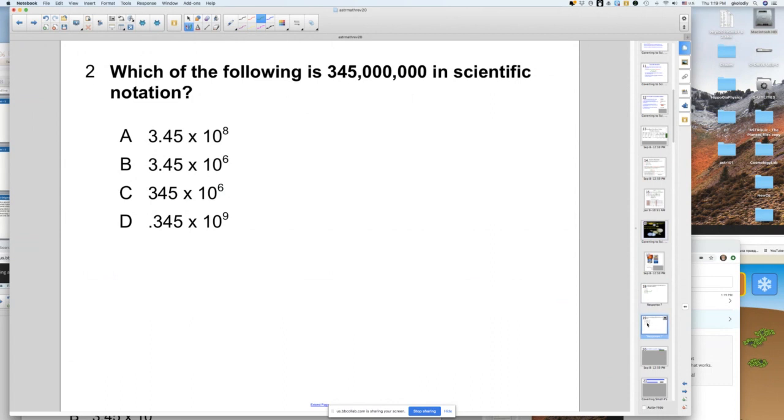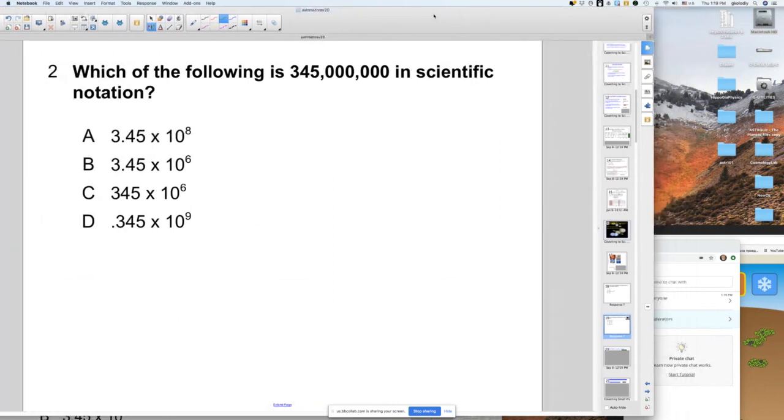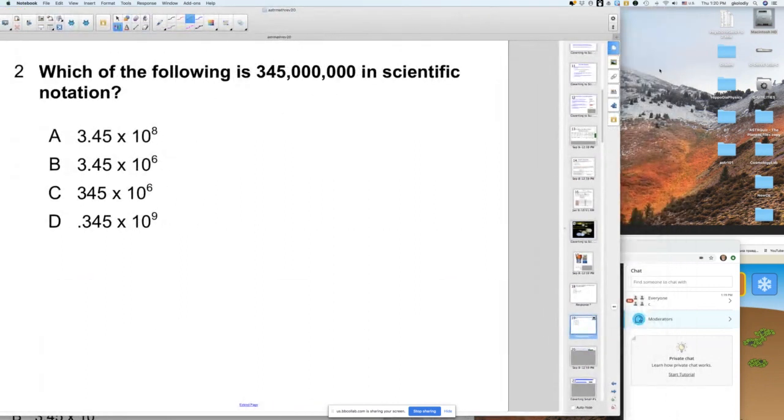So which of the following is the correct way of writing 245,000 in scientific notation? Don't forget, you have to move the decimal point from here all the way down to here. How many places is that?